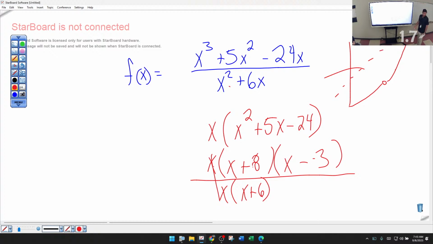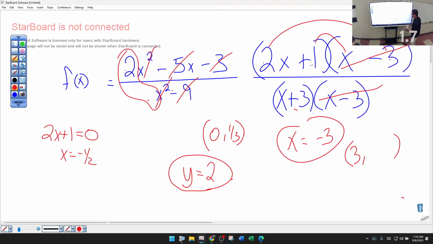If it doesn't go into it, it's 0. Like the previous one, it went into it. And like I said, I don't do this BOBO BOTN stuff. I just divide. X squared goes into 2x squared 2 times, so it's at 2.